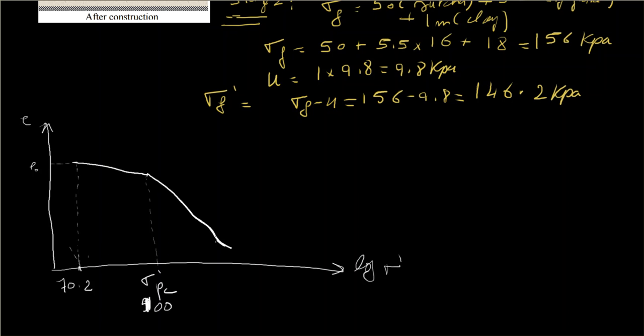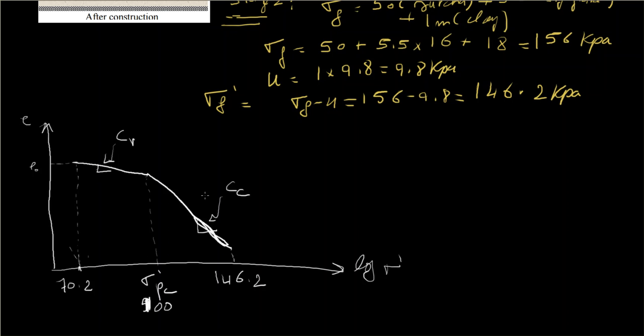That would be CC, and that would be CR. And here is my final, which is 146.2. Because we're moving from this point of stress, but we have to pass through sigma dash pc, so we have to change the slope.